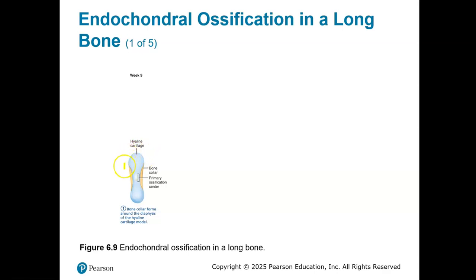So this long bone starts out as a hyaline cartilage model, and a bone collar begins to form on the edges where the diaphysis is going to be. And then a primary ossification center forms in the diaphysis region.